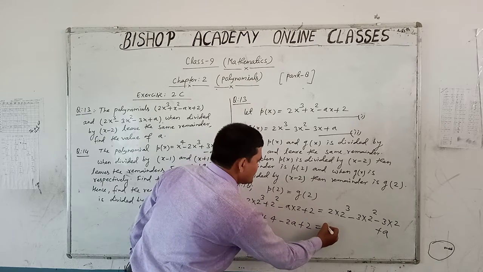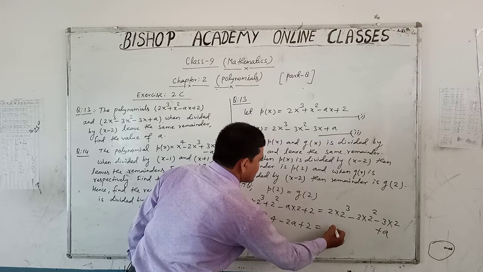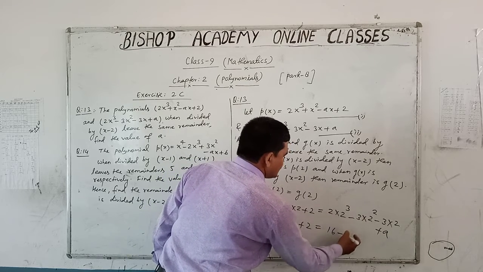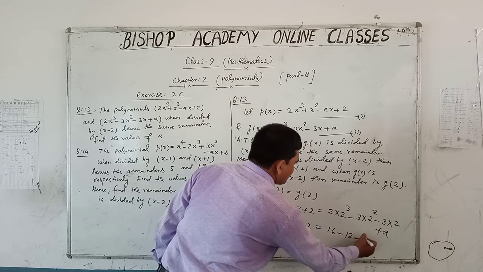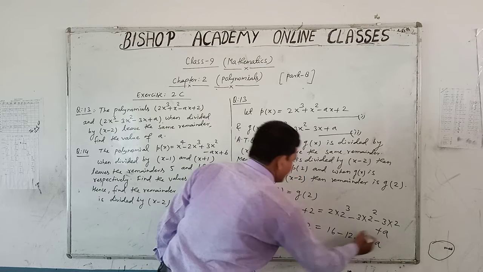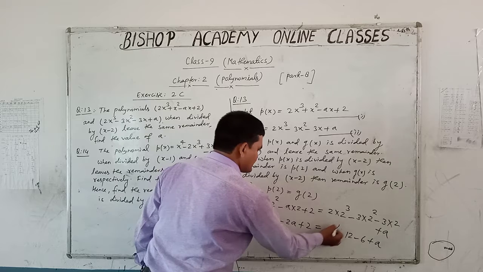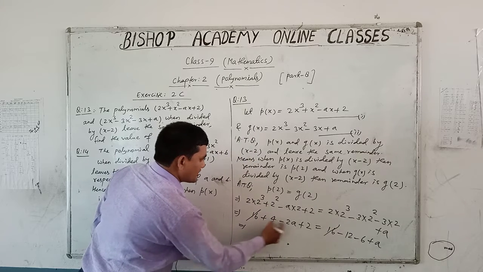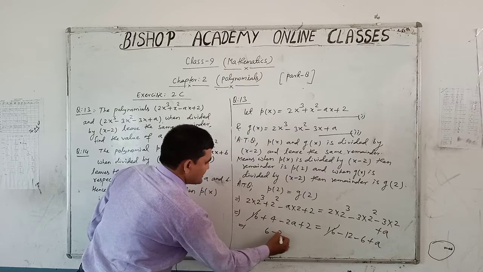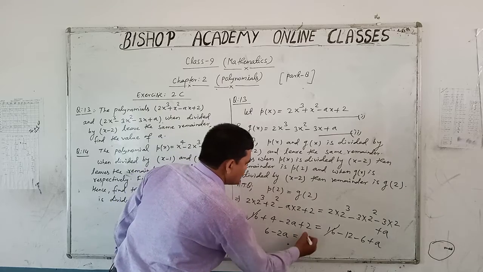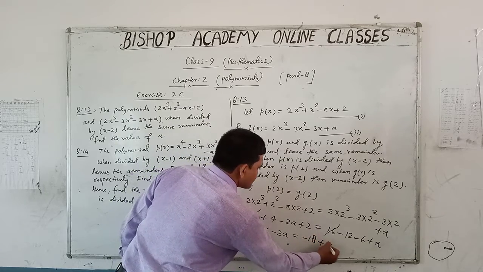2 into 2 cube means मल्टीप्लाई करेंगे तो इसकी वैल्यू हो जाएगा 16 minus 3 हो जाएगा 12 minus 6 plus a. 16 cancel out, 4 and 2 6 minus 2a, this equal to minus 18 plus a.